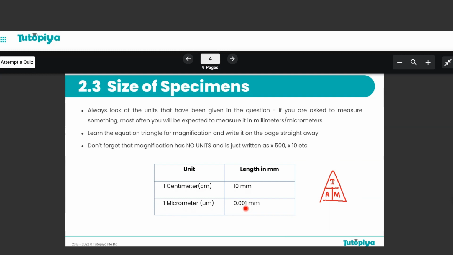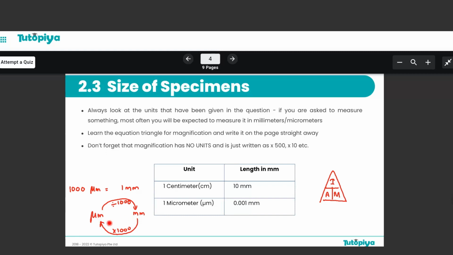In simpler terms, 1000 micrometers is equal to 1 millimeter. To convert from micrometers to millimeters, you divide by 1000. To convert from millimeters to micrometers, you multiply by 1000.